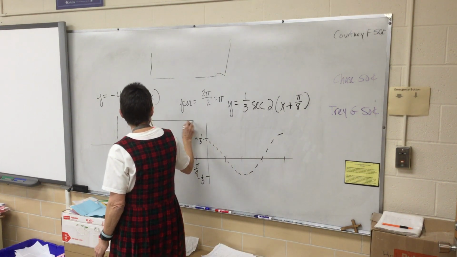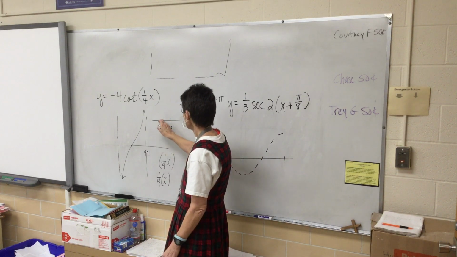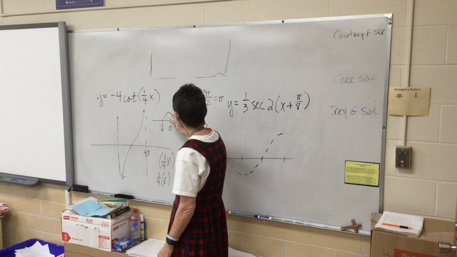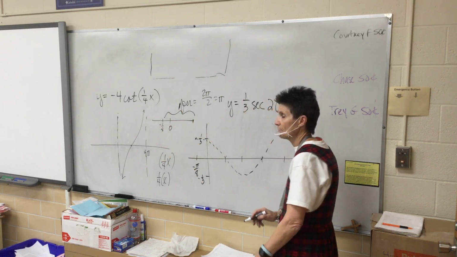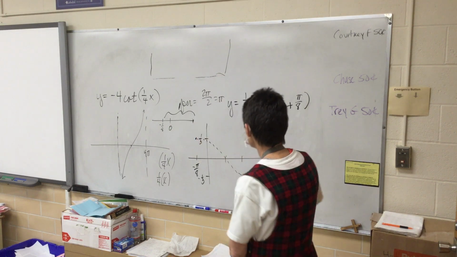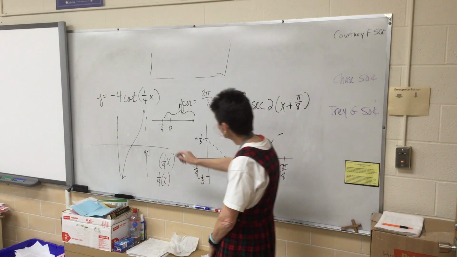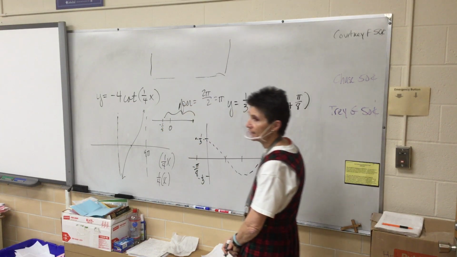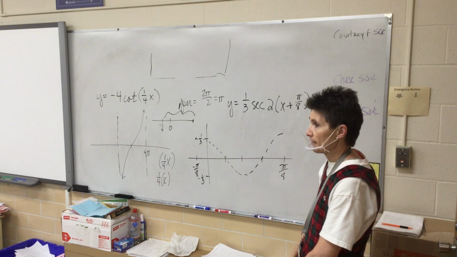Here's the number line, right? Here's -1/8. You need to travel 1 unit. So where are you going to end up? 7/8. Take -1/8 and add your period. -1/8 plus 1 is 7/8.